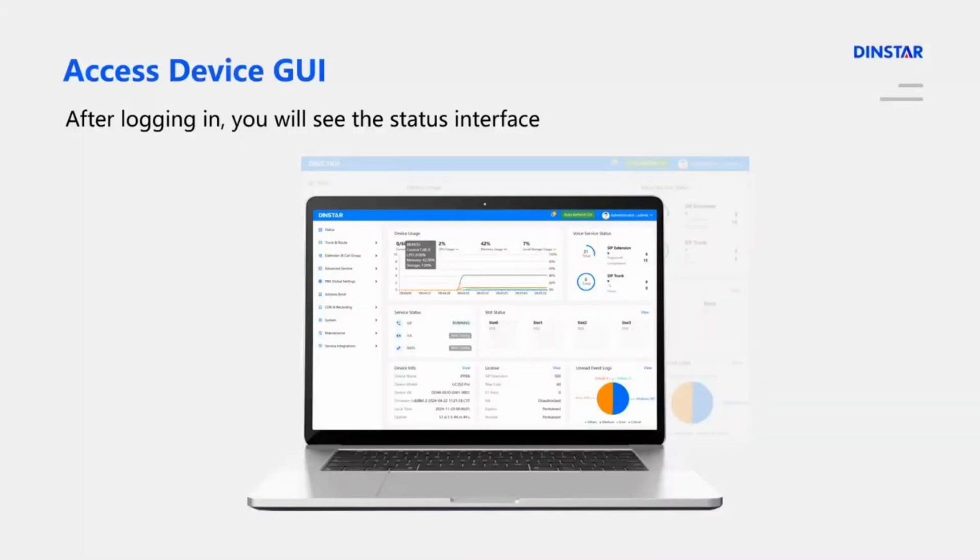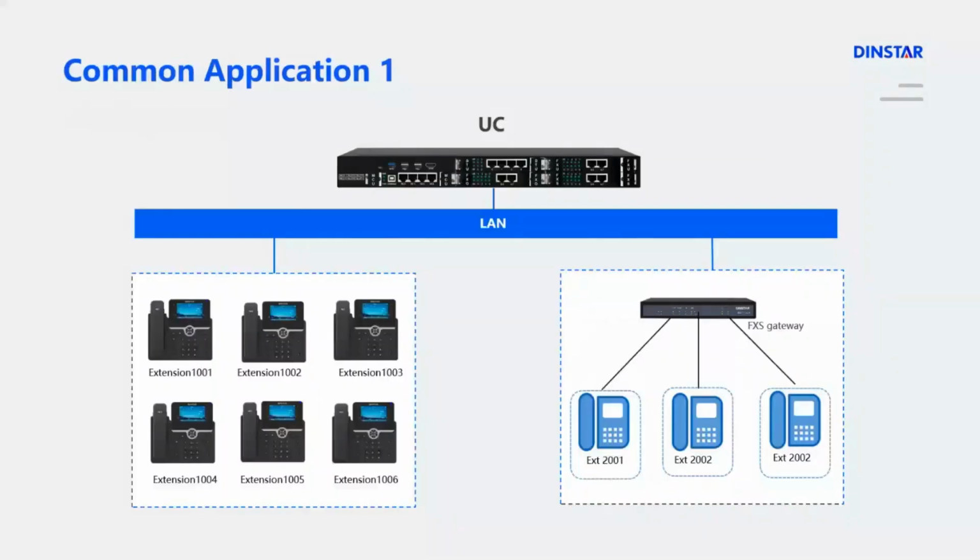Okay, so next let's check the configuration for call making. Yeah, let's make internal calls and have all the extensions registered to our UC. So step 1, we have to go to the network page and set the IP address for the service port.